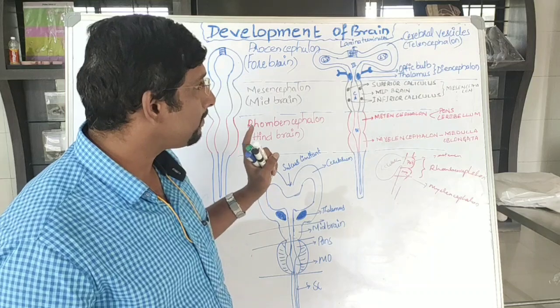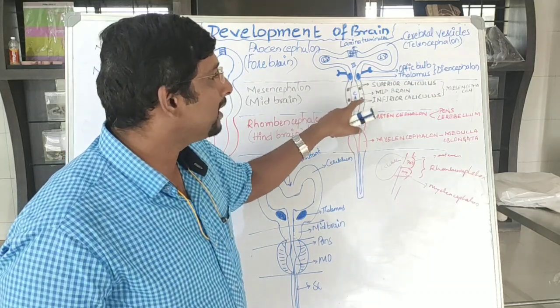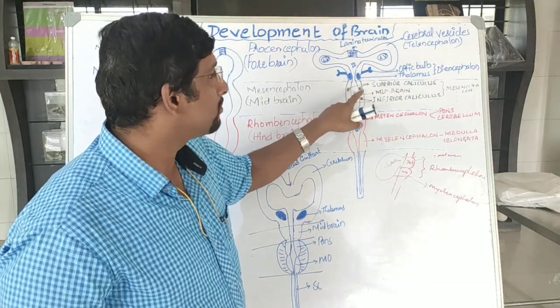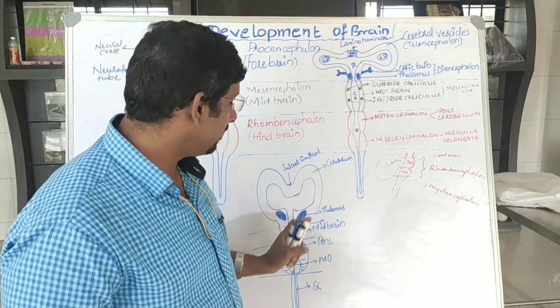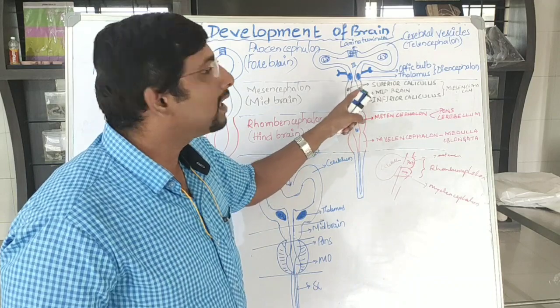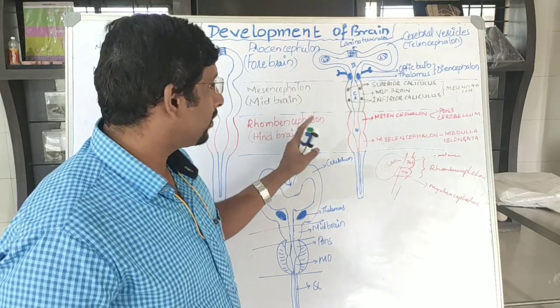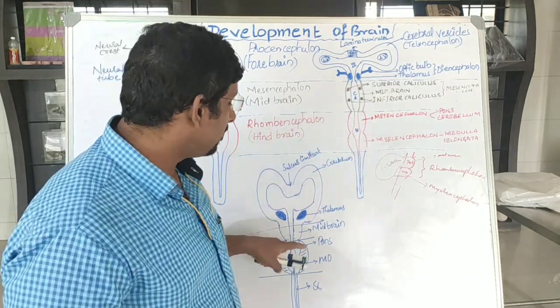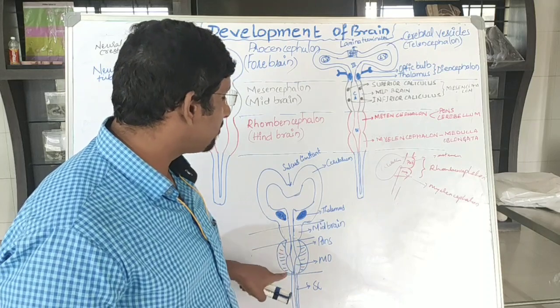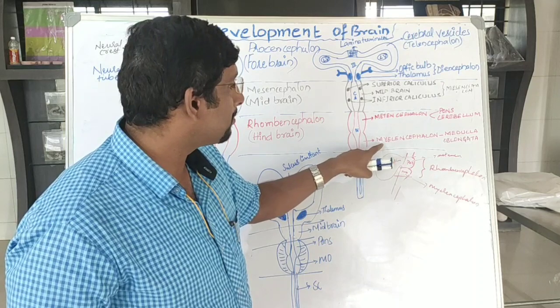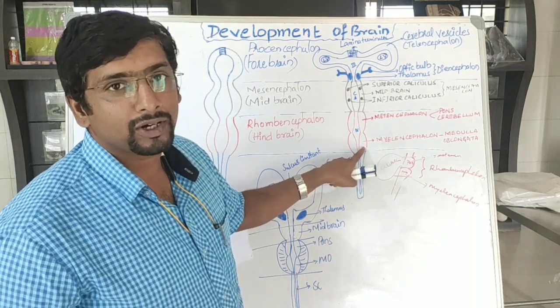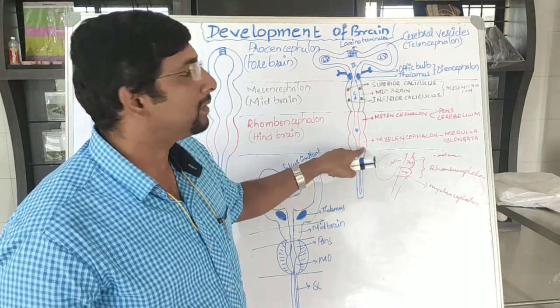Next, in the midbrain, the superior and inferior colliculi are going to form, along with their brachia. From the metencephalon, the pons and cerebellum form, and from the myelencephalon, the medulla oblongata forms in the adult brain.